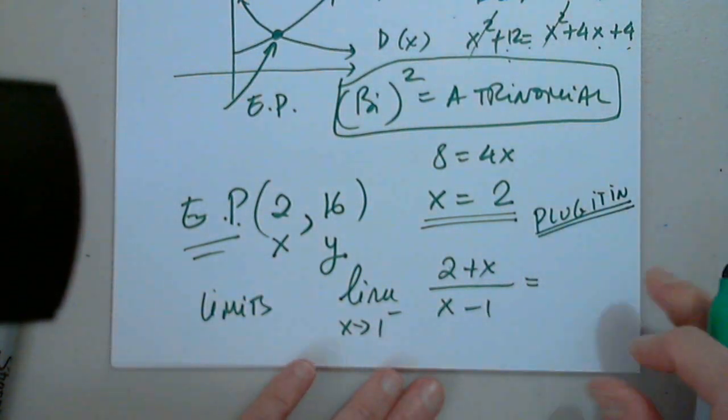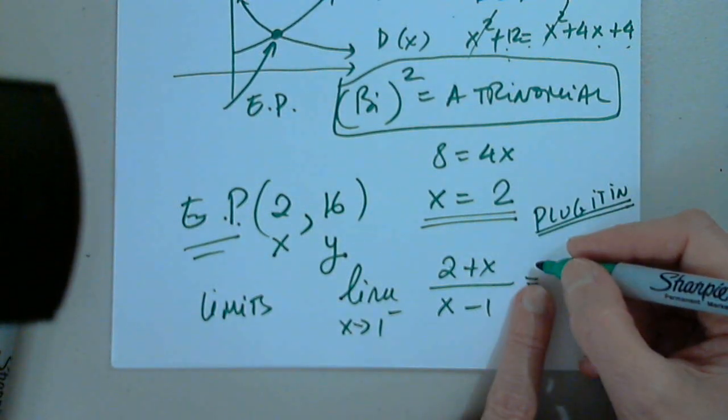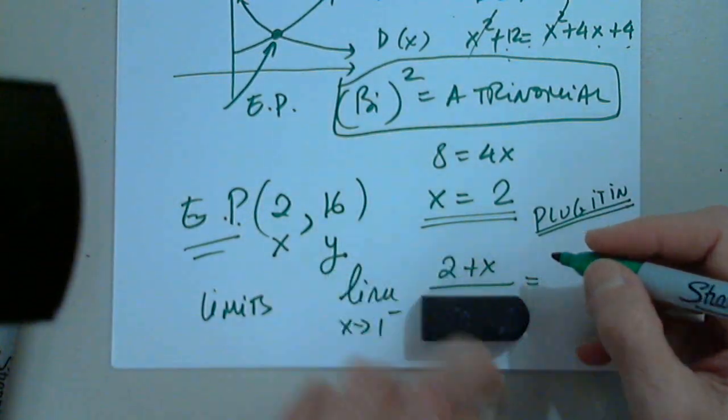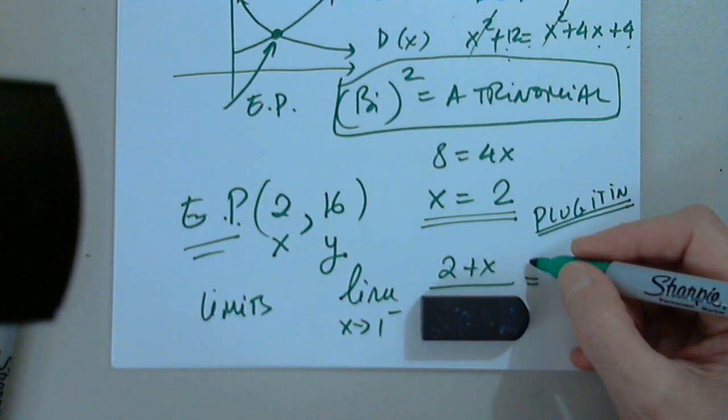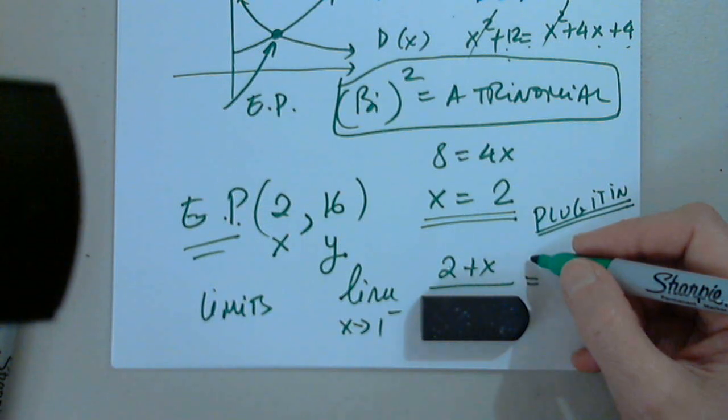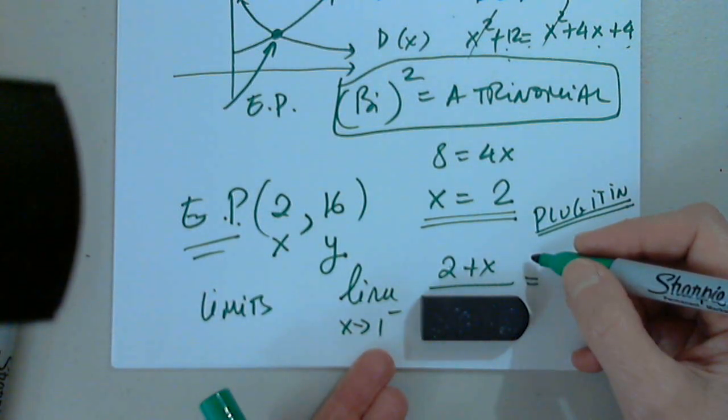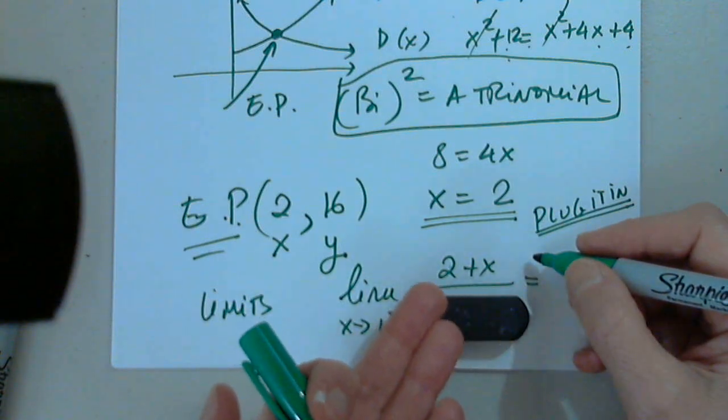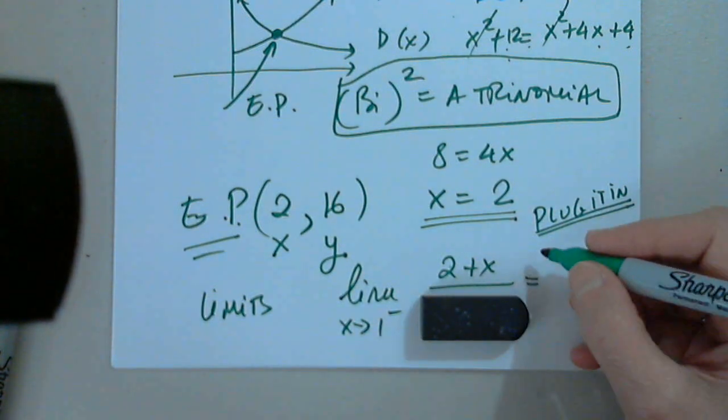Good. So when I plug it in, where is the numerator going? Everyone knows when x approaches 1 from the left, where 2 plus x is going.